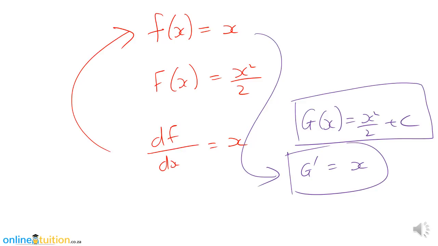And then as c varies, say c is 1, c is 2, c is 3, we have vertical displacements. And we have a family of curves. But the derivative of each of those is always going to be x. So that is pretty cool. Okay, so the antiderivative is not a unique function. It depends on that constant. Excellent.